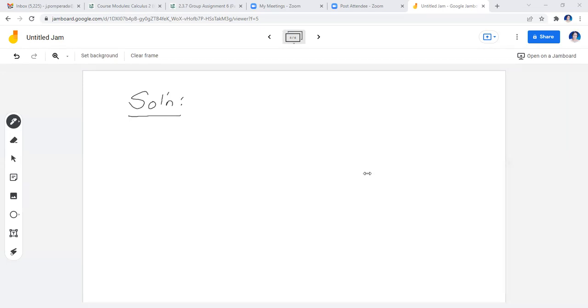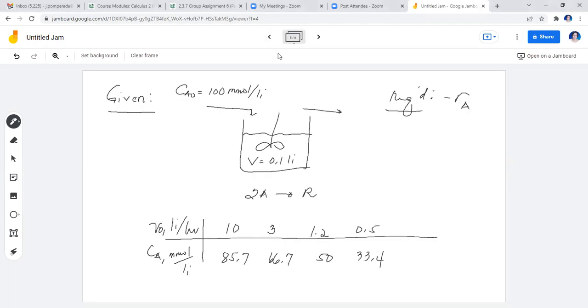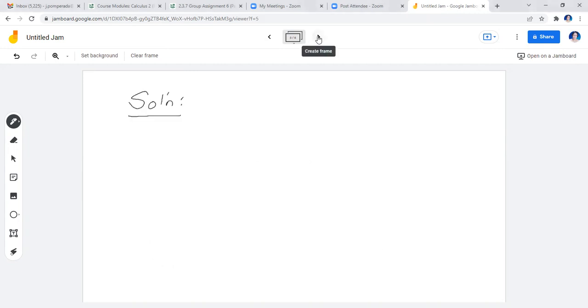Remember, we are already on reactor design. And the information made available for you is volumetric flow rates and concentrations. So you have to write the performance equation. Correct. You are to start with the performance equation.